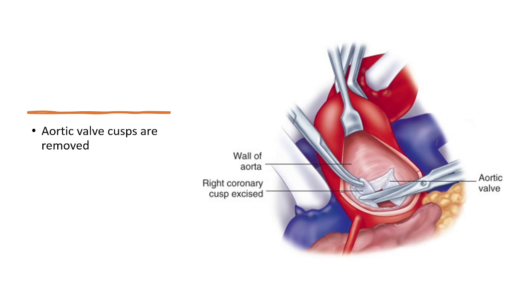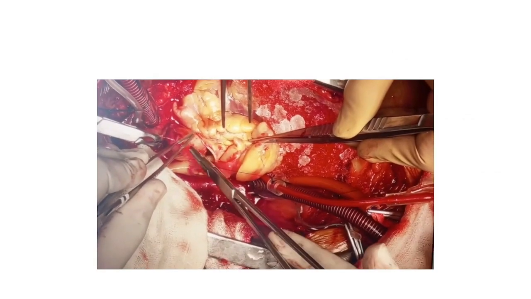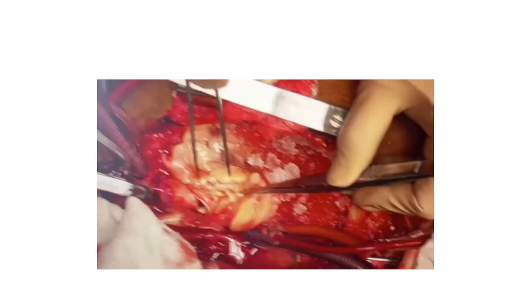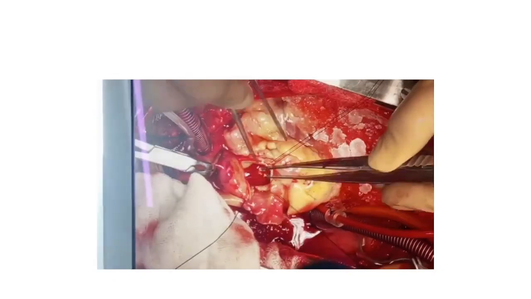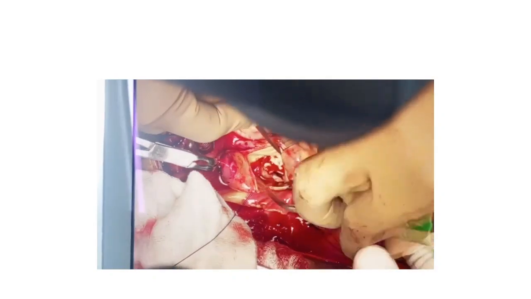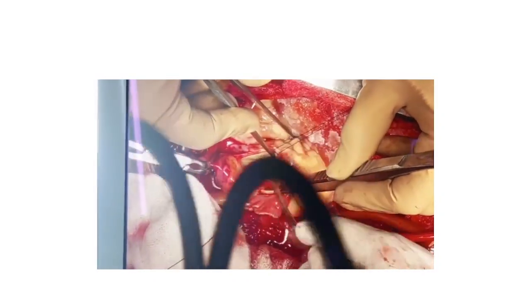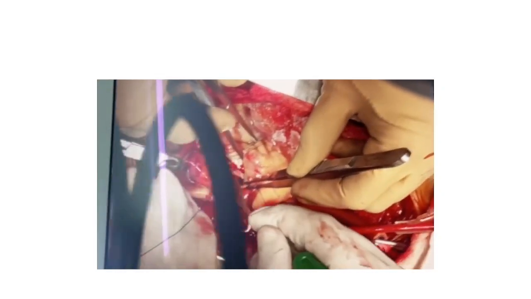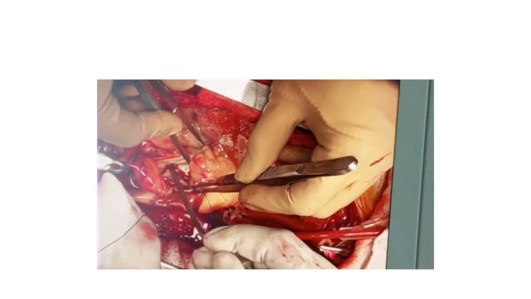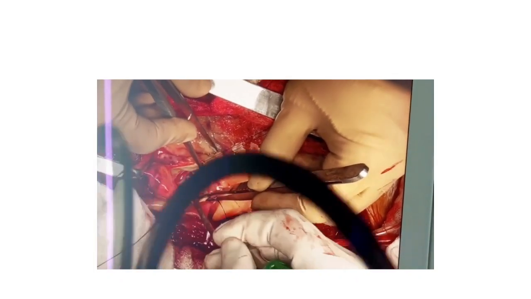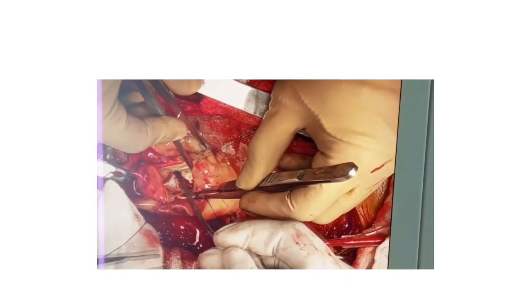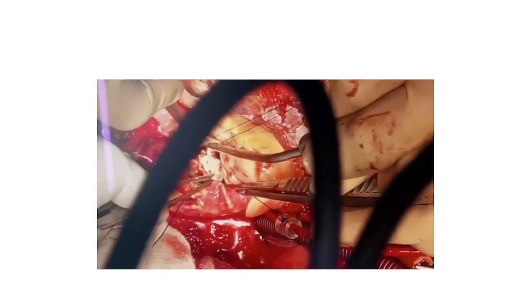In that case, what we do, we put the pledgets inside on the LV side. So while taking the bites inside, we fix the separated endothelium with the ring, and there is no leak or anything. So this is one of those calcified valves.